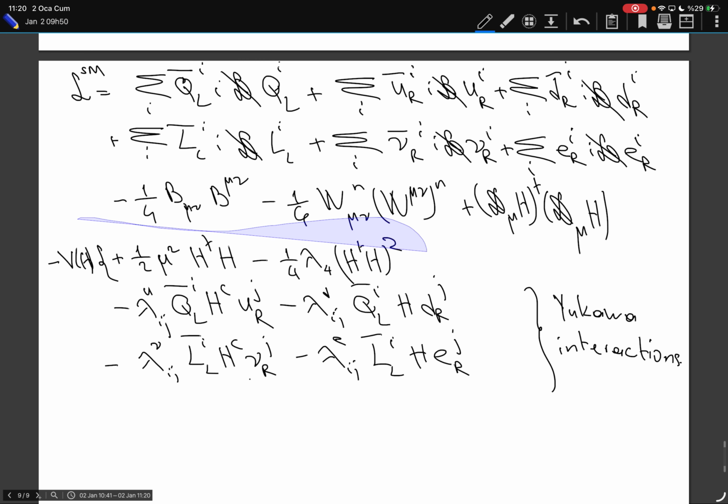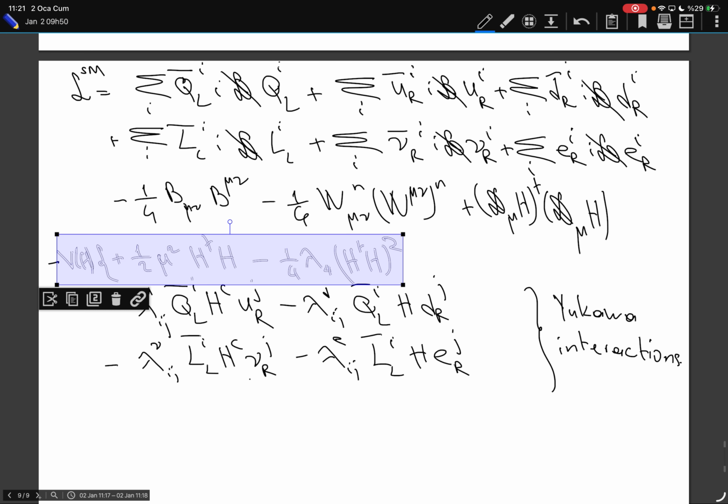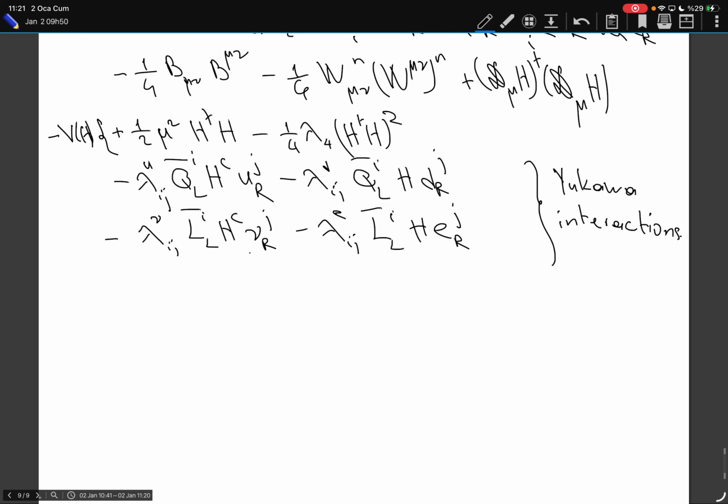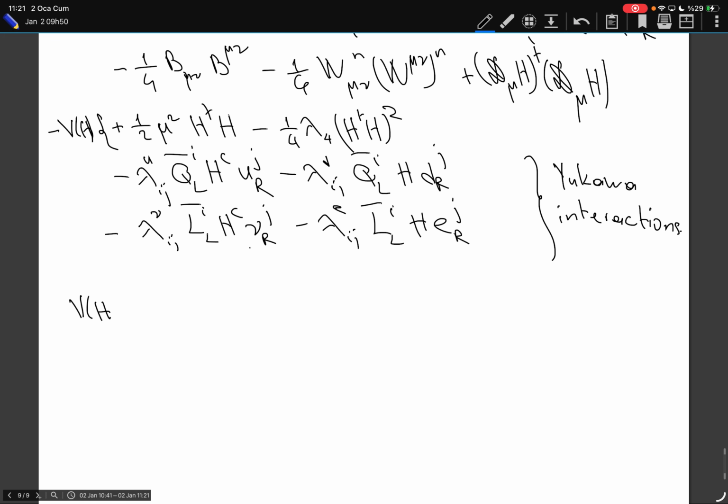Let's start with the Higgs potential, V of H dagger H, which is minus 1 over 2 mu squared H dagger H plus 1 over 4 lambda 4 H dagger H squared. You see the mass has the wrong sign.